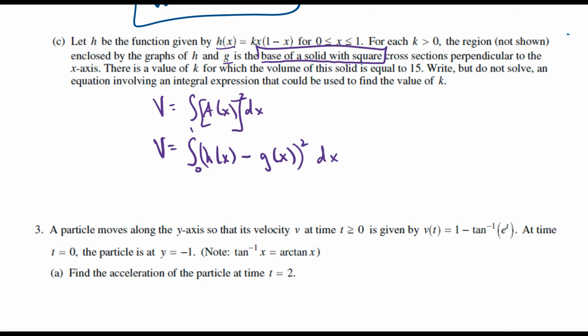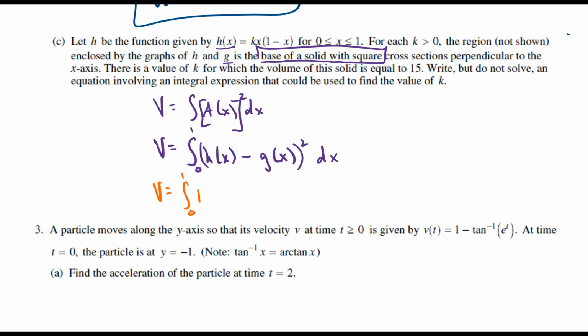Now it says there's a value k for which the volume of the solid is equal to 15. Write but do not solve an equation involving the integral expression that we used to find the value of k. So we're not quite there because I don't see a k in here. All we're going to do from this point though is plug in what we know. We know that the volume is equal to the integral from 0 to 1 of, what's our h function?